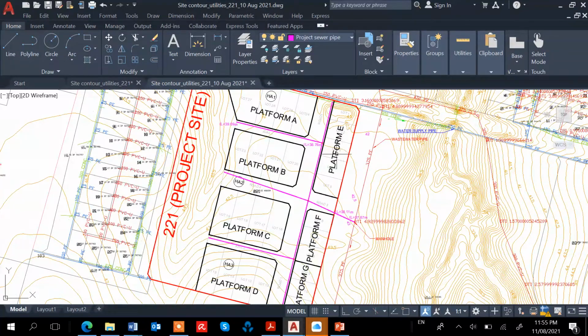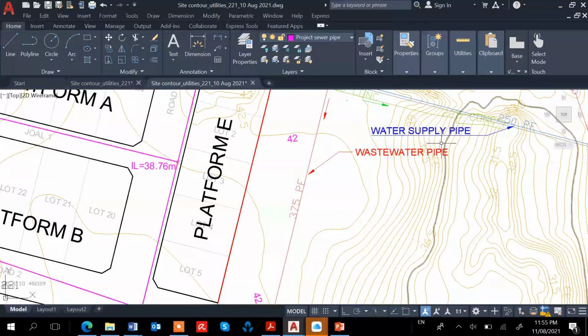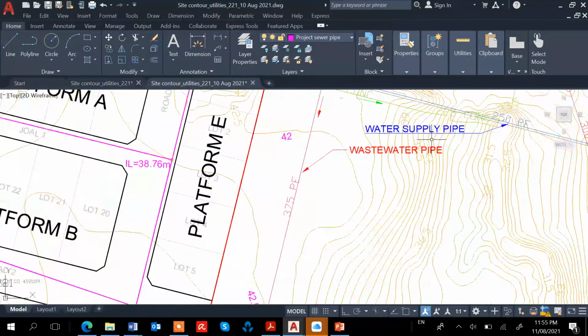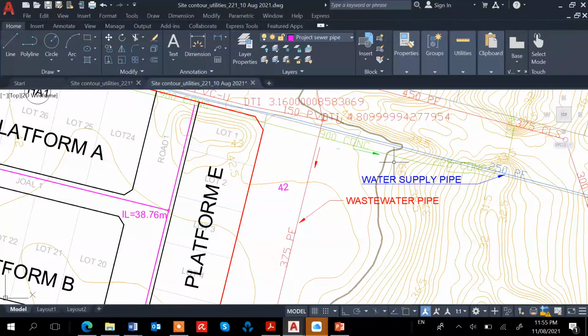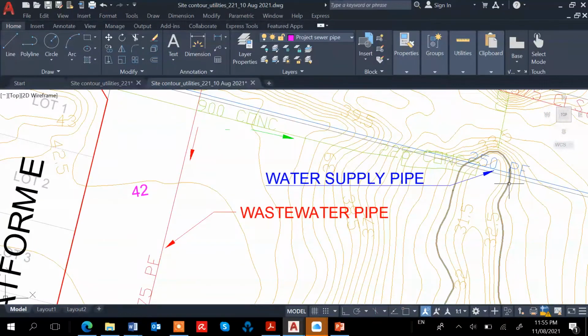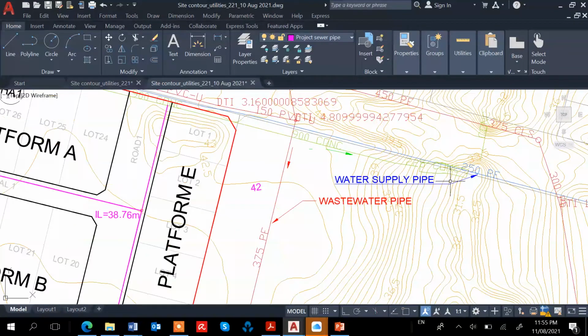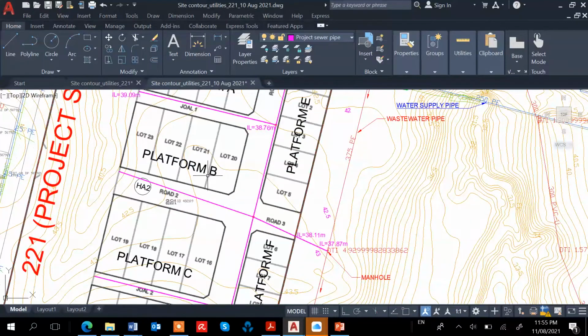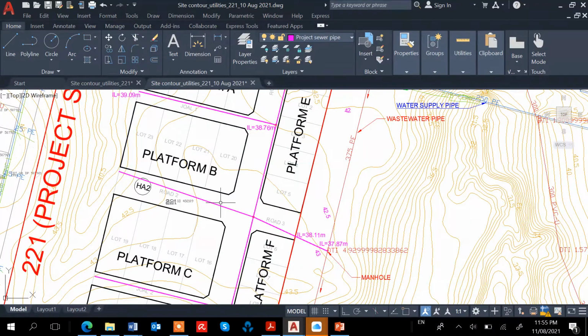Okay, we need not worry about the water supply. The water from the water care will be tapped from this 250 PE, polyethylene, water pipe. We tap it, and then the water will go into each lot, to the house, to your tap.